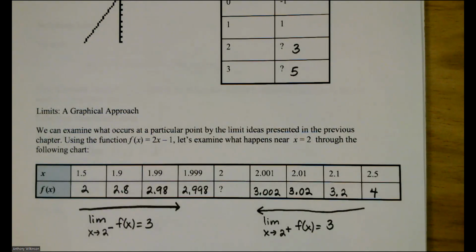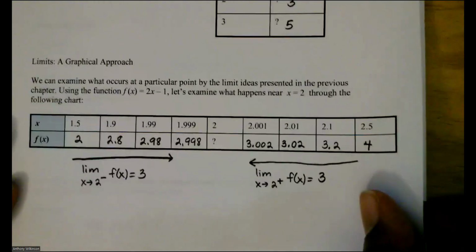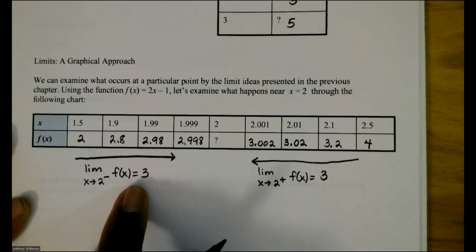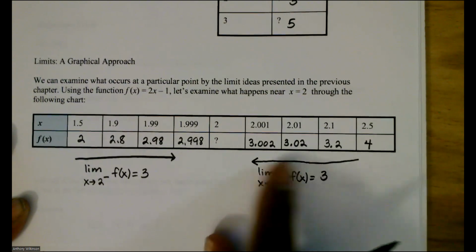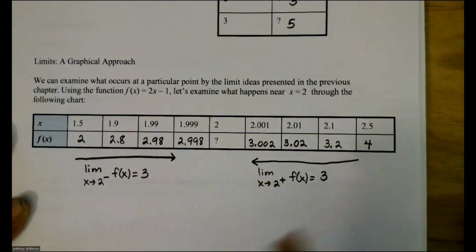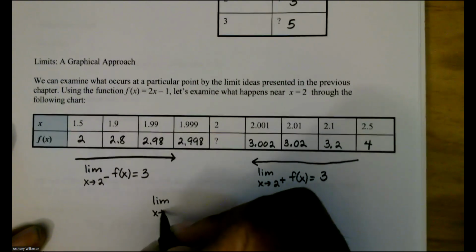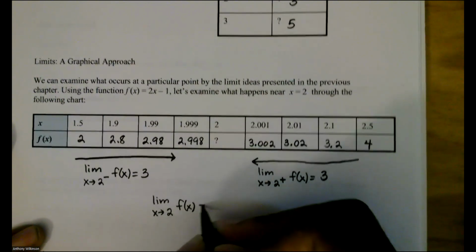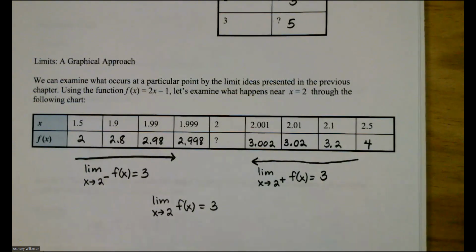Okay. So we can say here, since the limit as x approaches 2 from the left of f of x is getting closer to 3, and the limit as x approaches 2 from the right of f of x gets closer and closer to 3, we can say that the limit as x approaches 2 of the function f of x is 3.